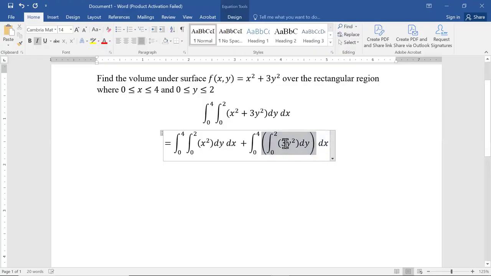This whole thing is a definite integral with only y's in it. So I can use technology. Since I have bounds from 0 to 2, I can integrate from 0 to 2 that 3y squared with respect to y. And that'll give me an 8.